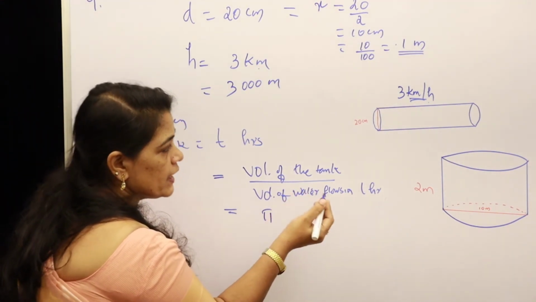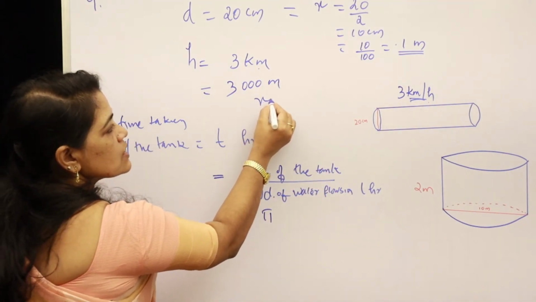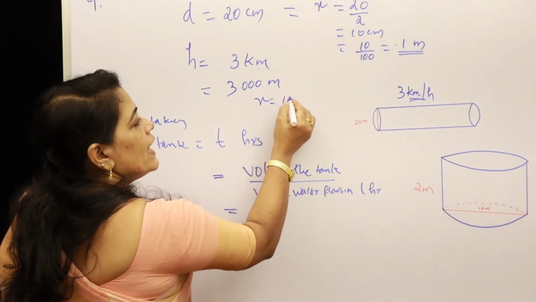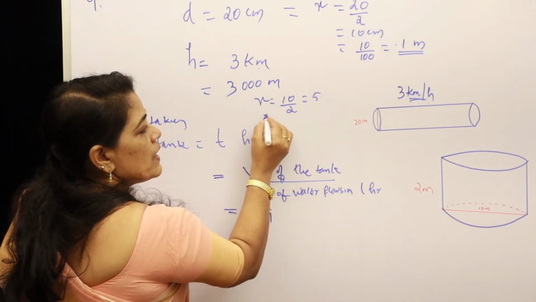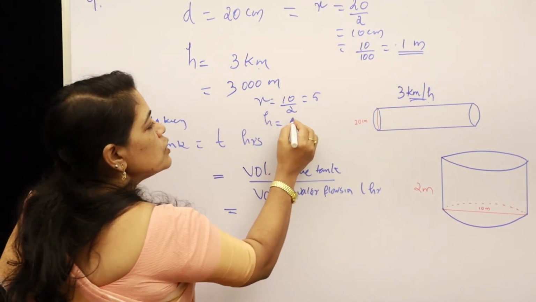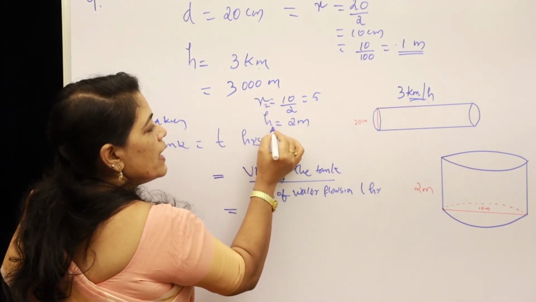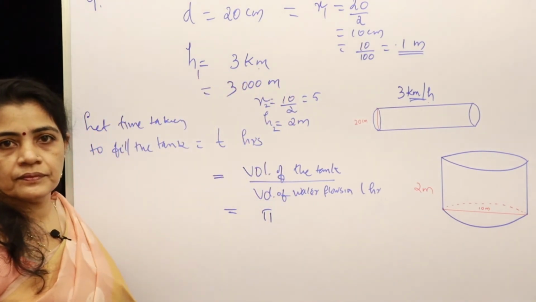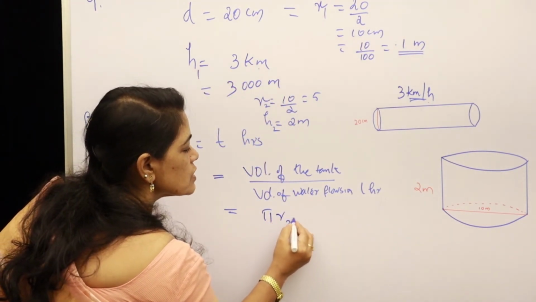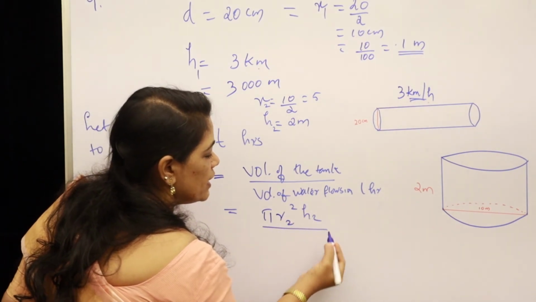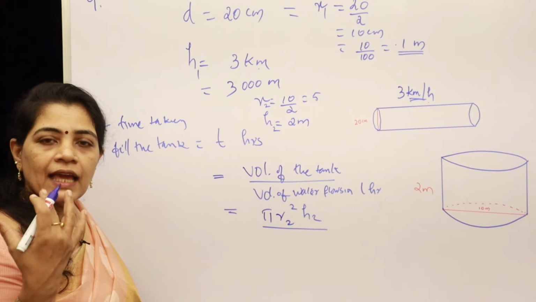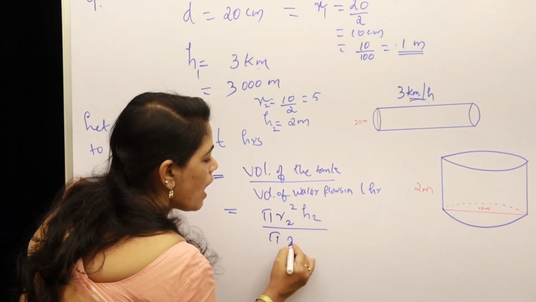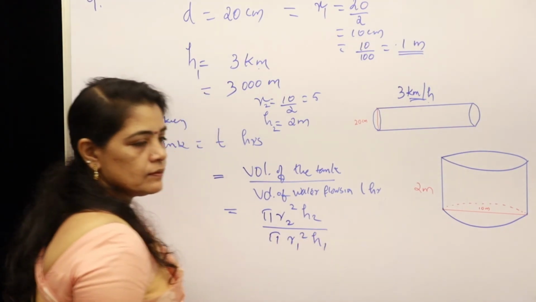So pi, and the radius of the tank, since its internal diameter is 10, is 10 by 2, that is 5 meters, and the height is given as 2 meter. So this is R2 and H2, and for the pipe you can take R1 and H1. So pi R2 square H2 divided by pi R1 square H1. You can take a capital R and capital H and small r and small h, that doesn't matter.